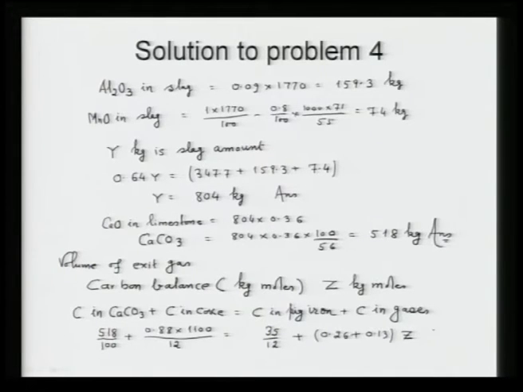So, Z is the only unknown. We can calculate the amount of Z. So, Z will be equal to 212.6 kg moles and its volume, if you wish, will be 4762 meter cube expressed at 1 atmosphere and 273 Kelvin. That is the answer.